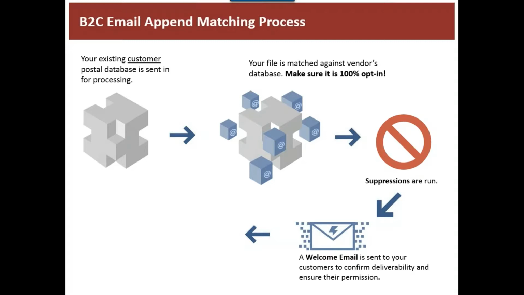This welcome email is sent out and says, hey, you know us, you've done business with us. We want to start emailing you new offers, new deals, good stuff that you can click on and access online. Do we have permission to do that? And then you give them a very easy decision, very clearly laid out, to say, yes, you can email me, or no, you don't have my permission.